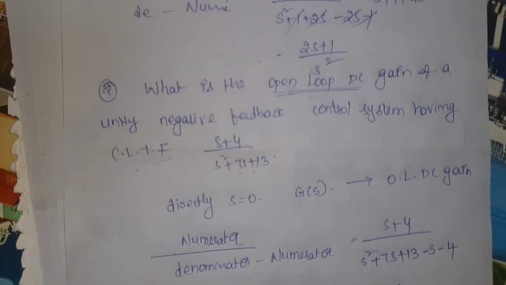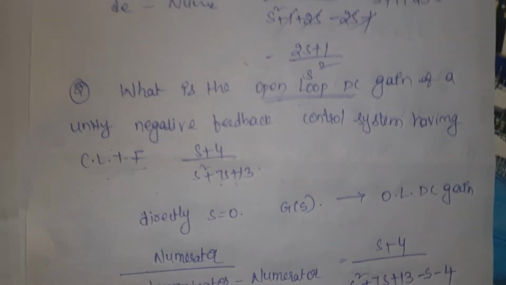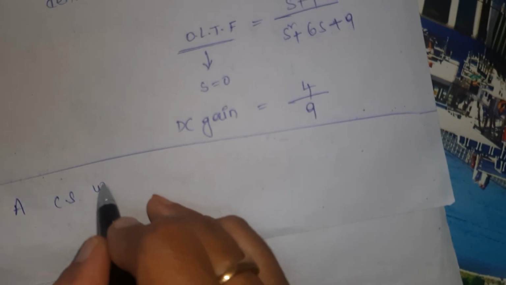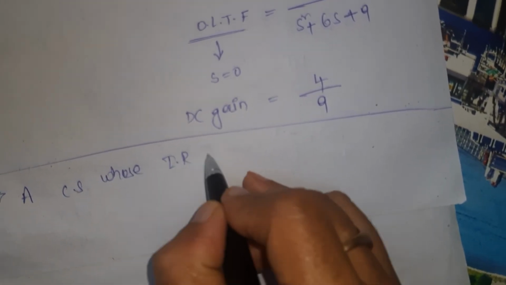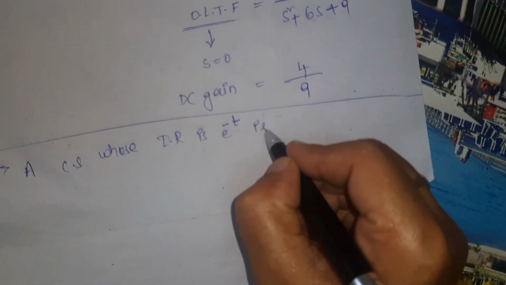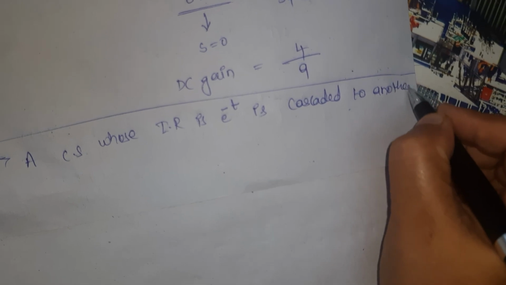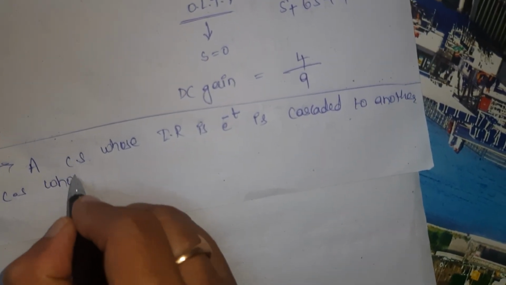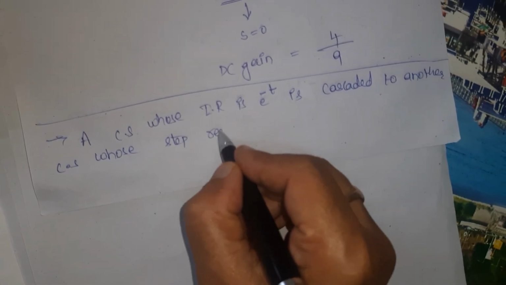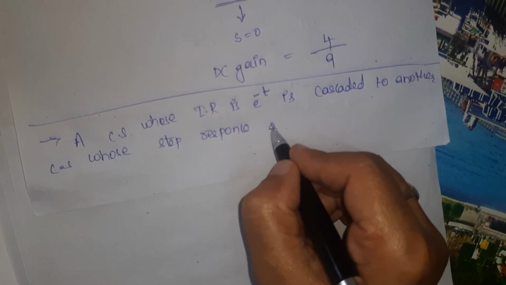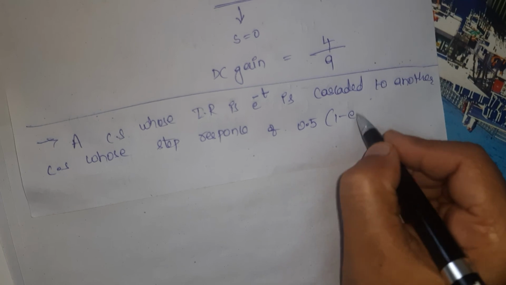Try one more problem at home. The problem is: a control system whose impulse response is e power minus t is cascaded to another control system whose step response is 0.5 into 1 minus e power minus 2t.